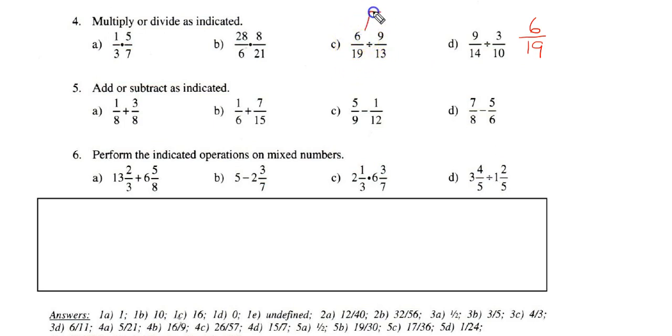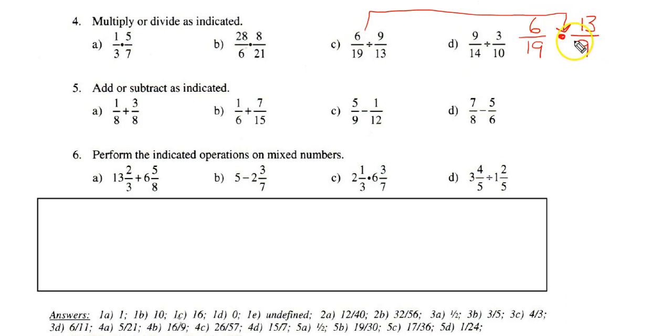We're going to change this division to multiplication. But when we do that, we have to take the reciprocal. That is, we flip this over, and this becomes 13 over 9.